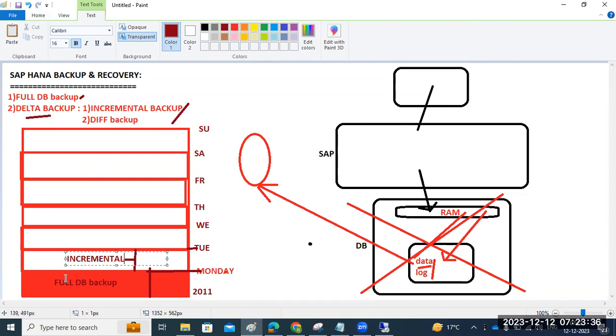Which means, after the full backup, when you take the incremental backup, it won't take data from the previous year to date. Whenever the full backup was completed, Monday, then from Monday 7 o'clock to Tuesday 7 o'clock, whatever data got increased, only that data will be backed up.